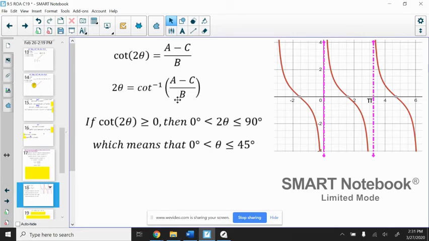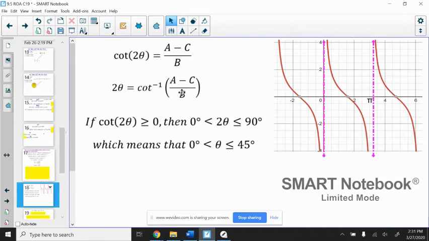If this particular number is going to be positive, and I know that inverse cotangents only address the angles from the first quadrant up to the second quadrant, then this must be in the first quadrant, which means twice theta must be some angle that is more than 0 degrees all the way up into 90 degrees, which means that single theta, if I divide both of these by 2, therefore is going to be constrained between 0 degrees and 45 degrees inclusive.